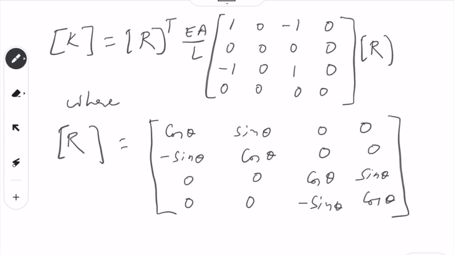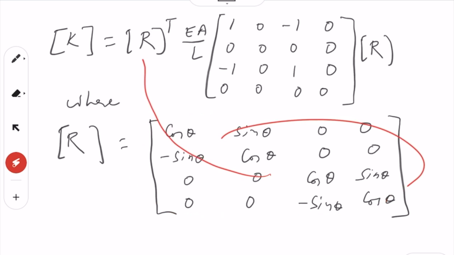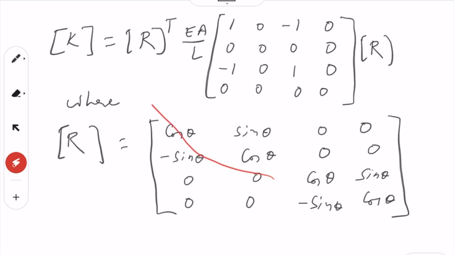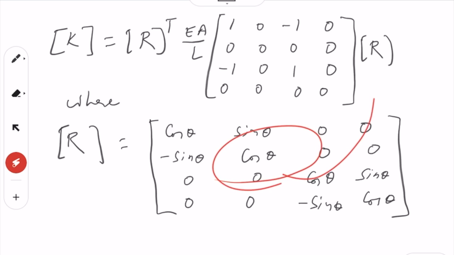So if you put these values here, put the transpose here, and put this value here, you will get exactly the same values as what you got last time.